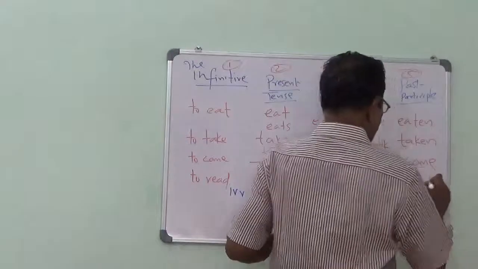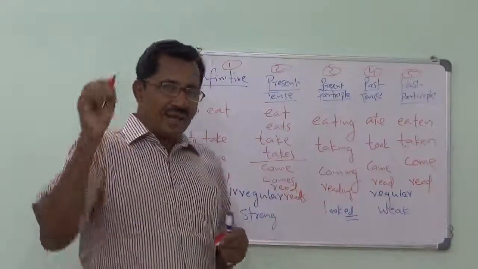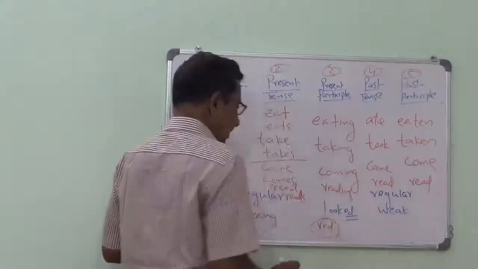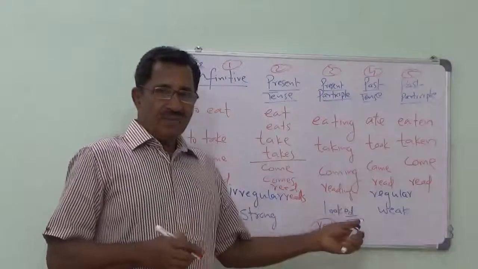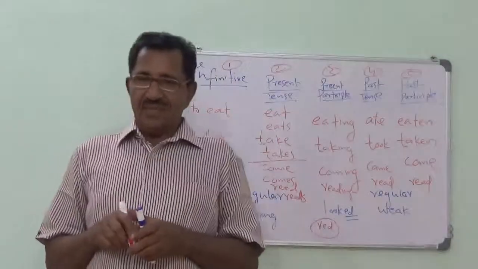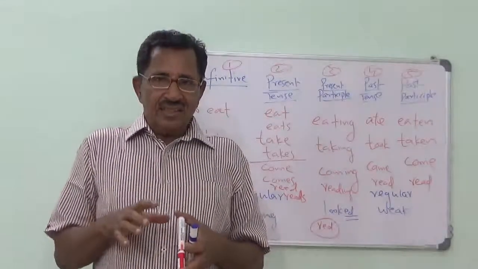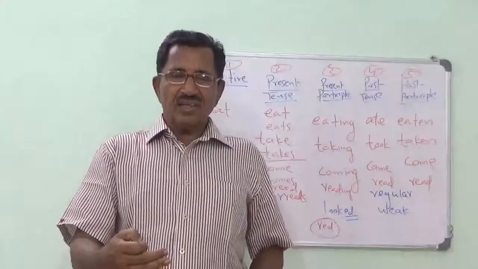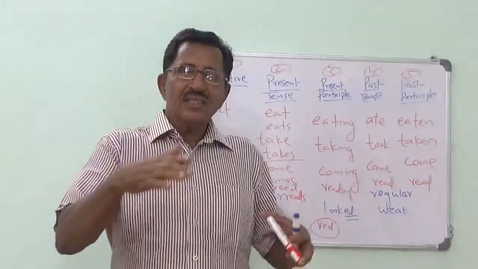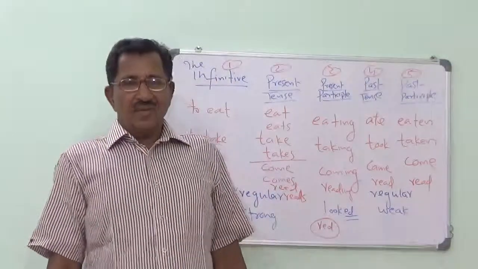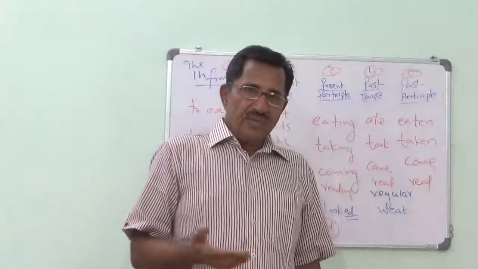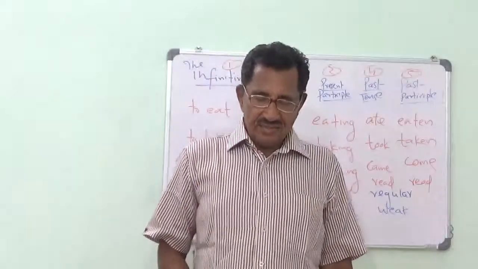Past participle is also read, R-E-A-D. But then there is another word, the color red, R-E-D. That is also pronounced in the same way. So here you have got a challenge, I must say. You have to take each irregular verb and learn its forms separately. I remember as students what we used to do, we would be saying like this, memorizing.